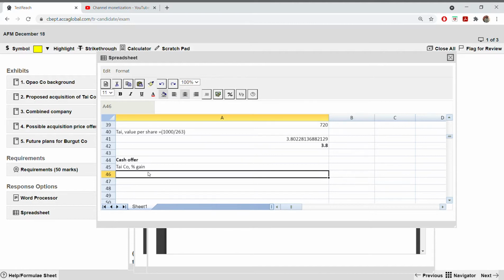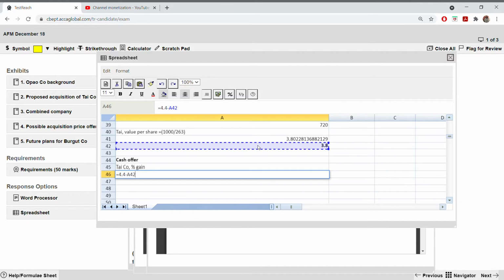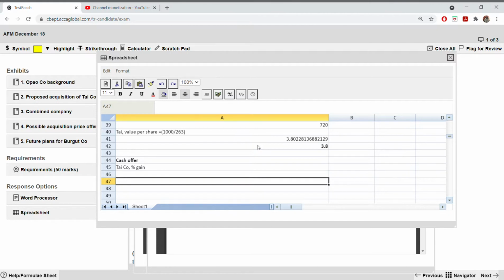So if you want to write it, equal to 4.4 minus 3.8, the difference between these two, divided by 3.8, the share price. Sorry, what was it?